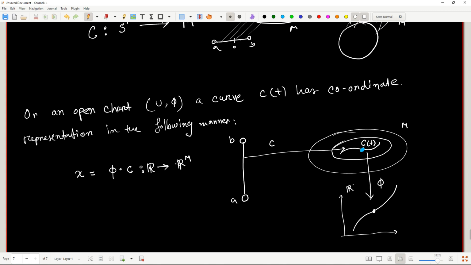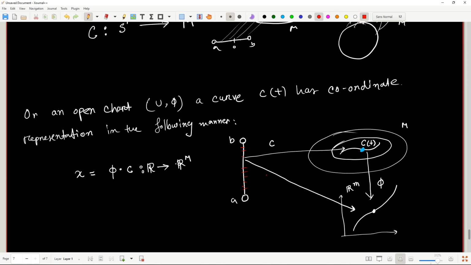This is Rm, and what phi of C does is that it takes this interval into this m dimensional Euclidean space. So what is happening over here actually? Well, first you are taking points on this open interval like this.